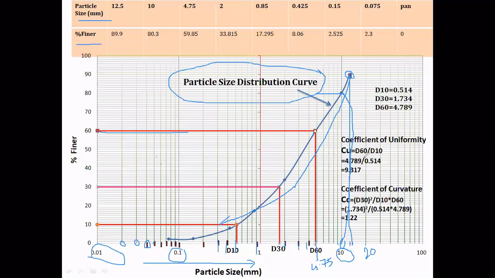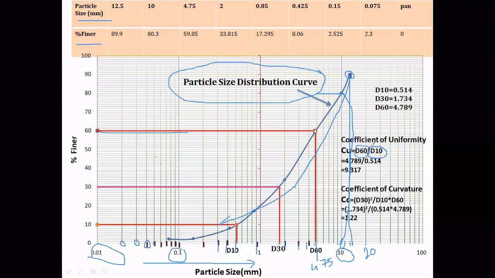Now what is the formula for this Cu? Cu is represented as d60 by d10. Now what is this d10? D10 is also known as the effective size or effective diameter of the soil particle, and it is nothing but 10% of the particles are finer than the stated size.